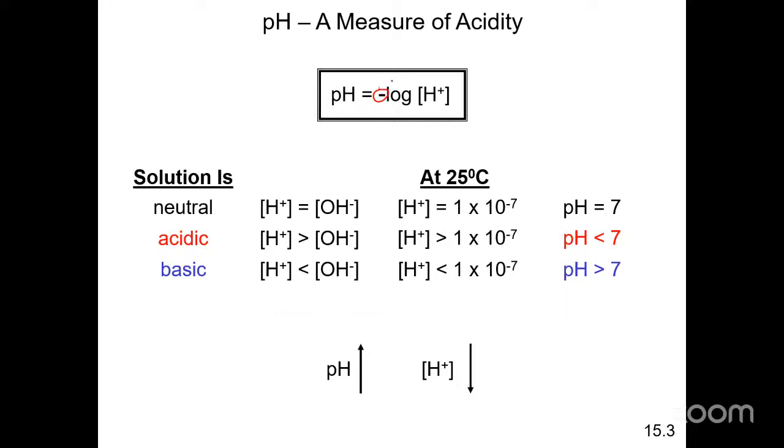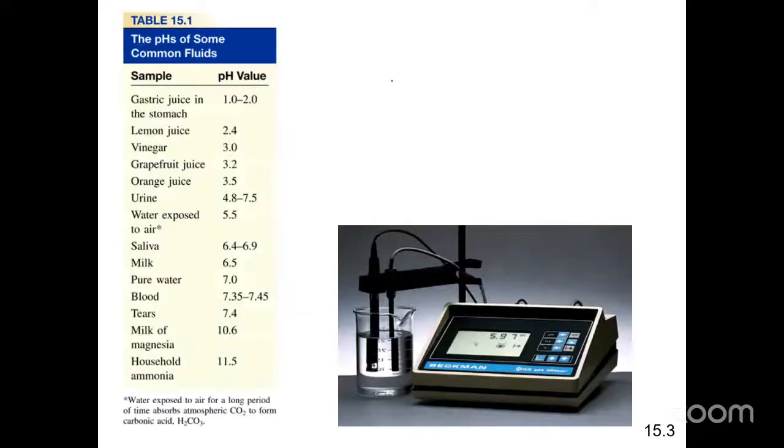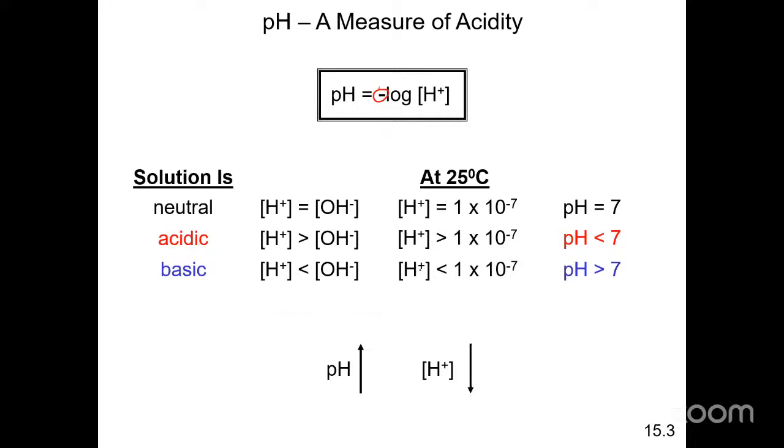Because of the negative sign, there's an inverse relationship, or more accurately, an inverse log relationship between the pH and the concentration of H plus. Another thing I need to mention, which I don't think I have in any of the slides here, is that another way of describing this relationship is that the concentration of H plus will be equal to 10 to the minus pH.